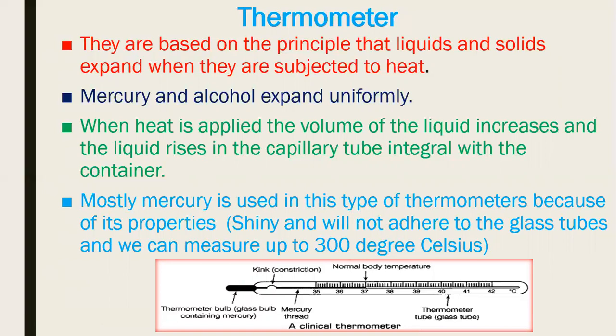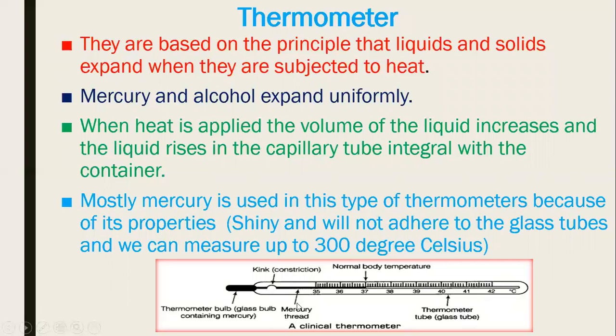It will expand. Mercury and alcohol expand uniformly. Uniform expansion of mercury and alcohol is possible when heat is applied. The volume of the liquid increases and the liquid rises in the capillary tube integral with the container.